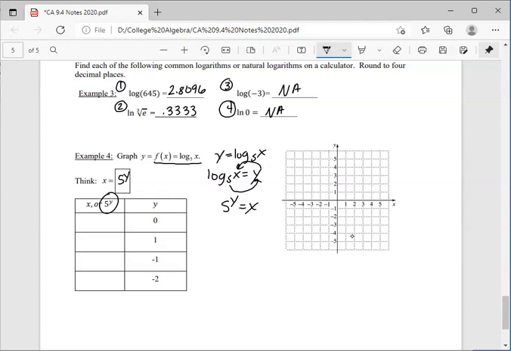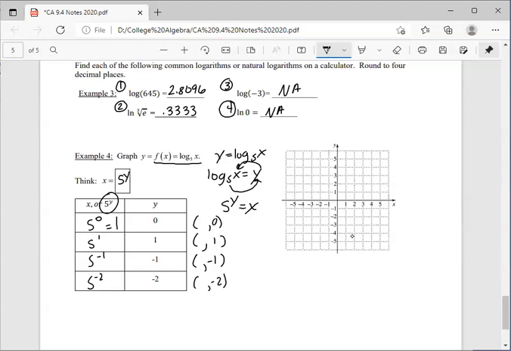So they converted it to an exponential so they could actually graph it by hand. Very hard to do logarithms in your head. So they've come up with some values for y. And they're wanting us to come up with, okay, what is 5 raised to the 0, 5 raised to the first, 5 raised to the -1, 5 raised to the -2.